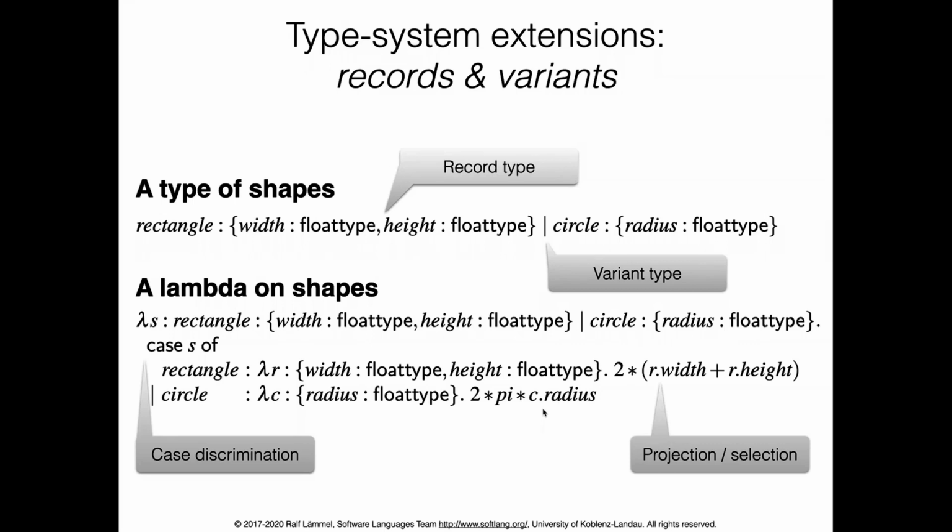So we can express record types in these braces here, pointing out the component names and the component types. We can form variants with this OR, and each variant has a name. And then we can select components from records. We can perform case discrimination on variants.